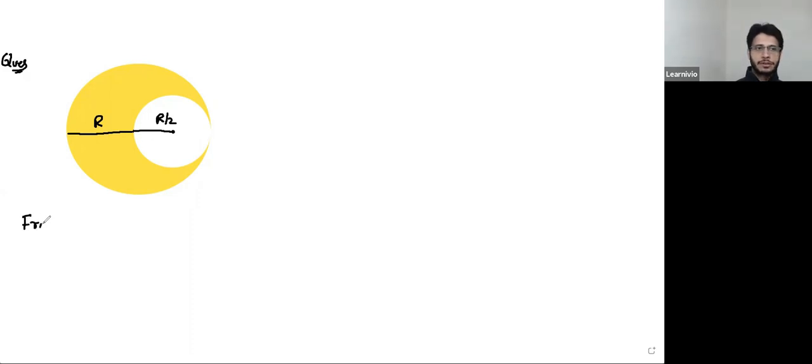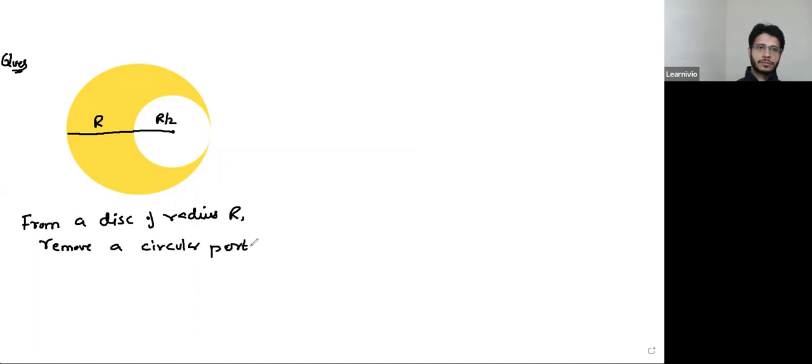So from a disk of radius r, remove a circular portion of radius r by 2. Disk of radius r and mass m.